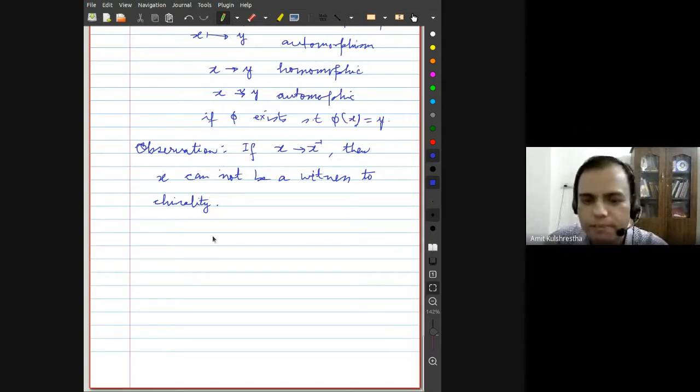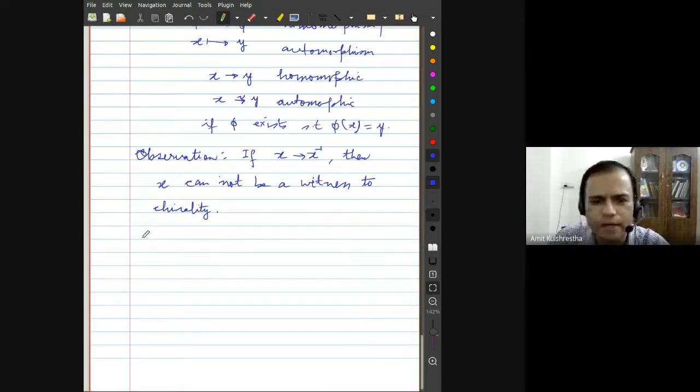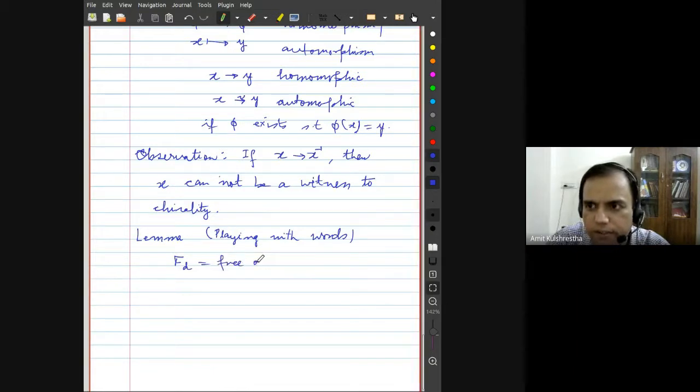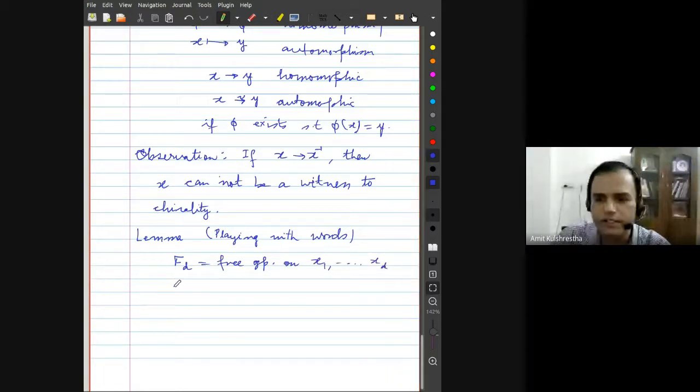So here is a very powerful statement. It's a lemma which is 100 years old, but still quite useful. Here we are now playing with words. You take F_d, the free group on all these free generators x1, x2, ..., xd.